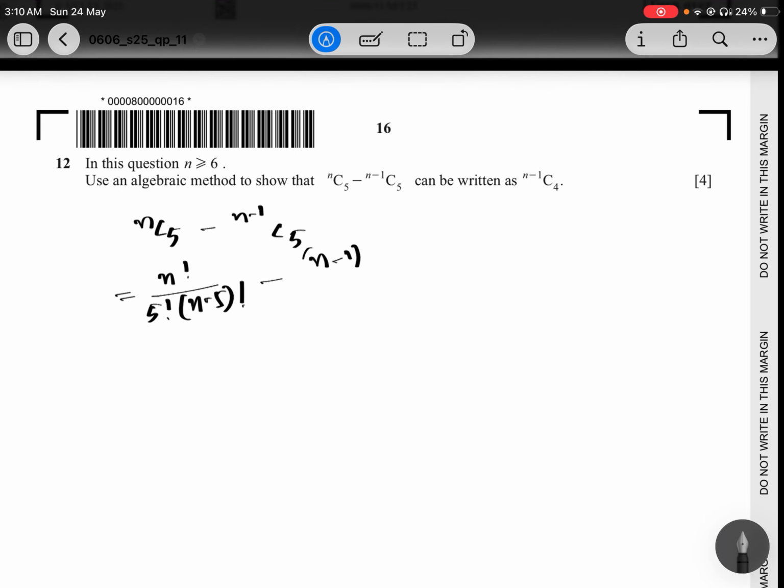And n minus 1 C5, I'm just using my basic instinct, is n minus 1 factorial over 5 factorial, n minus 1 minus 5, n minus 6 factorial.